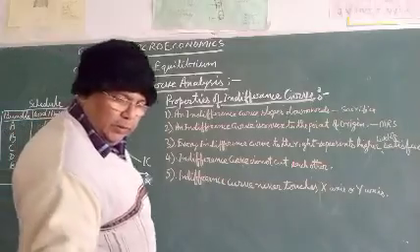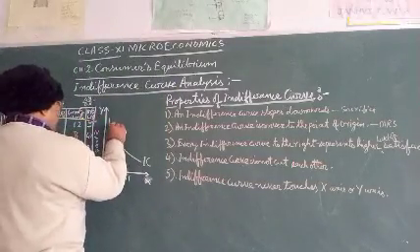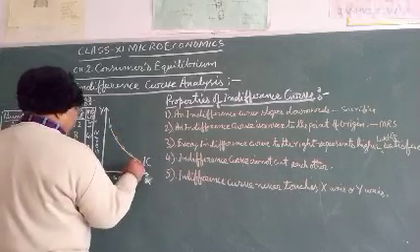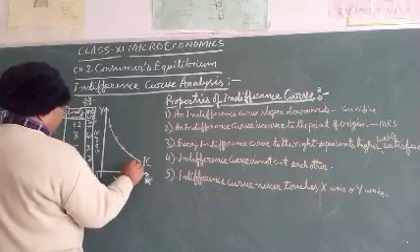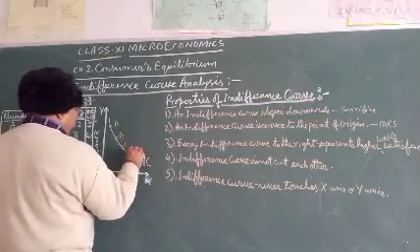Then we can see different bundle combinations at the different points of this curve: A, B, C, D, E.